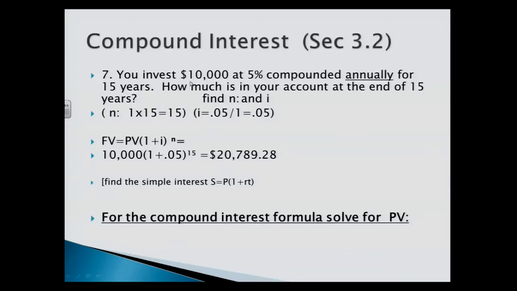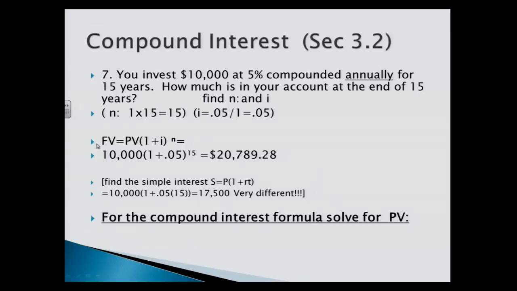In this problem, we've more than doubled our future value. We went from 10,000 to over 20,000 because it's compounding. If we do the simple interest formula here, you'll see over the 15 years we have 17,500. Very different from just compounding annually.